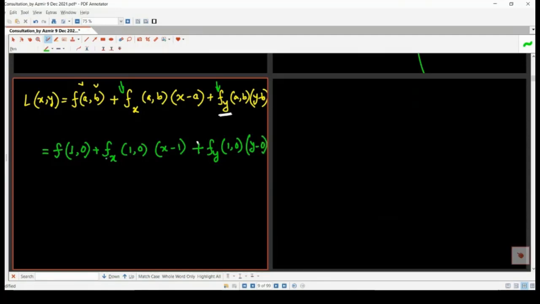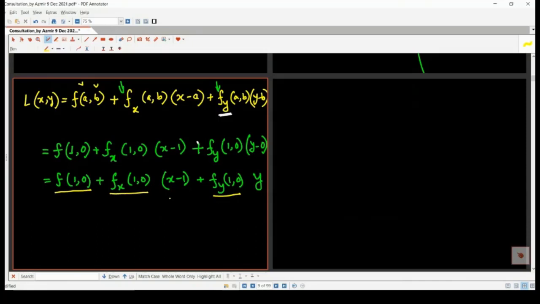So this is the thing that you have to rewrite. Let me write again f of 1 comma 0 plus f sub x 1 comma 0 times x minus 1 plus f sub y 1 comma 0, y minus 0 is y. So our target is to find this one, and this one, and we don't need to change these terms. This will be same as it is.